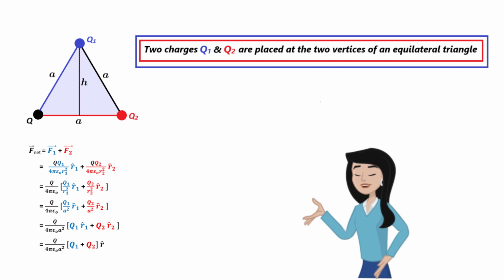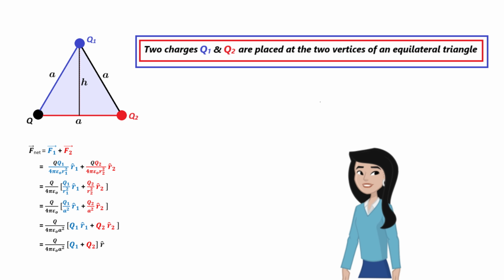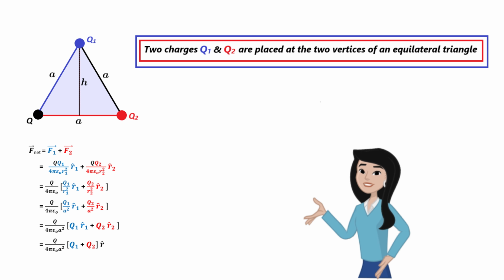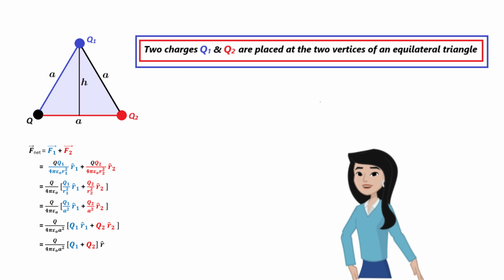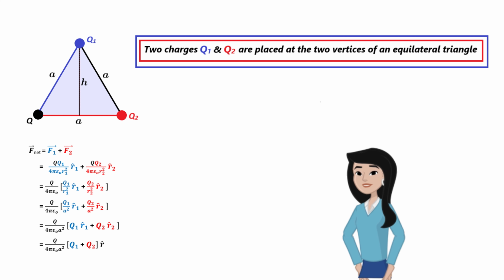Using Coulomb's law between the charges Q and Q1, we get the force F1. Similarly, the force between Q and Q2 is F2. In this case, both the charges are a distance A apart from the test charge Q. After simplification, we will get the net force acting on the test charge as shown in the final expression.